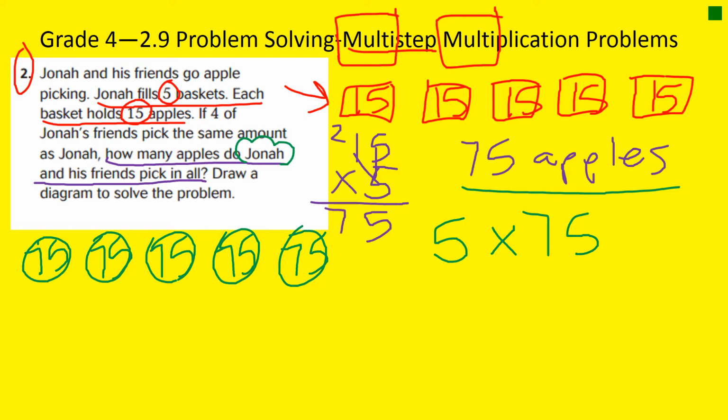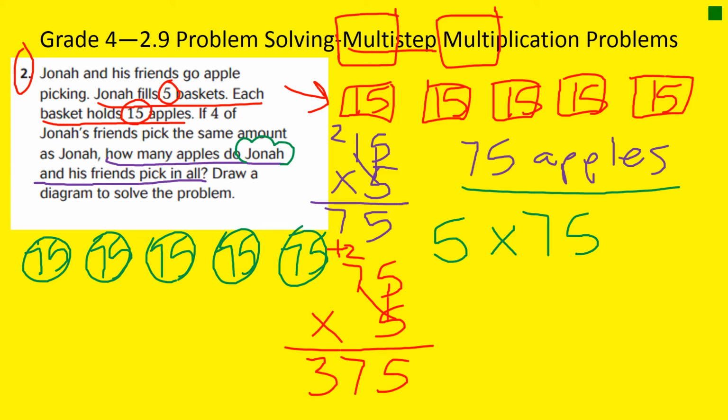Now we have to do the math here. 75 times 5, right? 5 times 5, 25. 5 times 7 is 35, plus 2, 37. So Jonah and his friends picked 375 apples. It's a lot of apples. All right, let's see what's next.